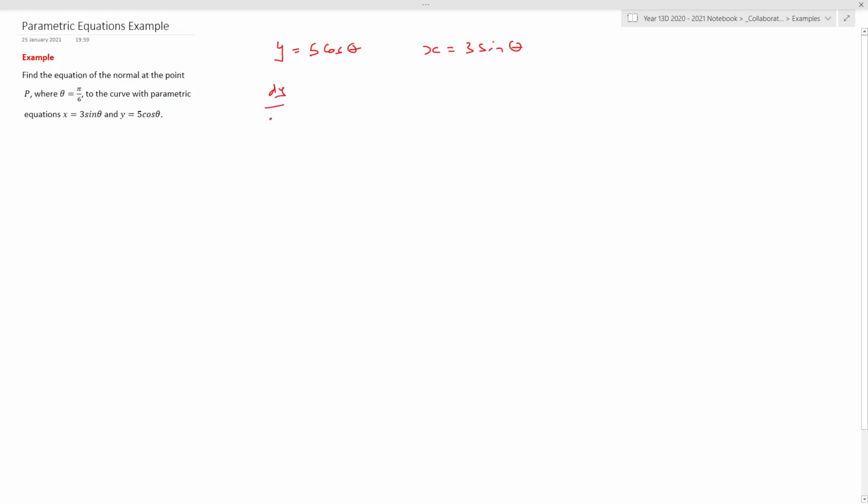So dy over d theta is equal to minus 5 sine theta, and dx over d theta is equal to 3 cos theta. So our formula tells us that dy over dx is equal to dy by d theta divided by dx by d theta. So we can sub then for dy d theta and dx d theta. It gives us minus 5 sine theta divided by 3 cos theta.